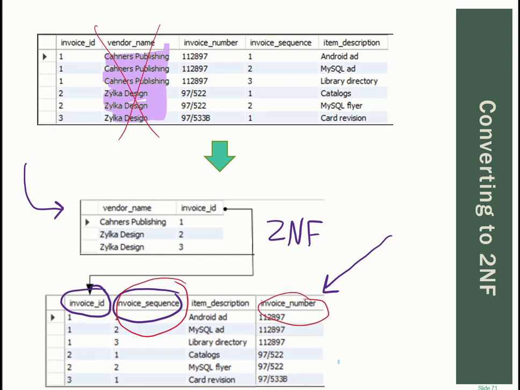So the candidate keys have not changed. And therefore, the only non-prime attribute we're thinking about is item description. And item description is not determinable by a subset of either of those candidate keys. So we're going to say this is also in 2NF.